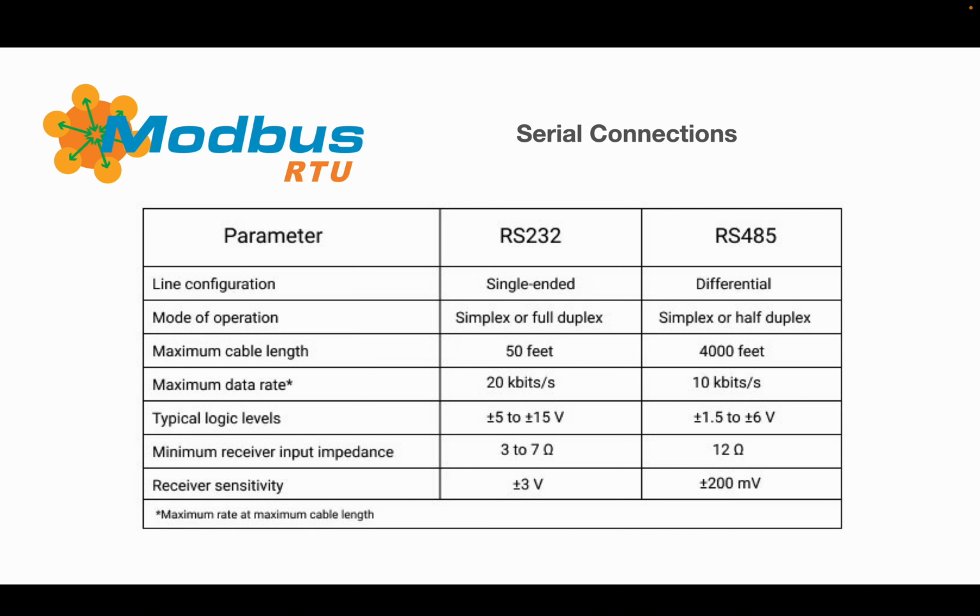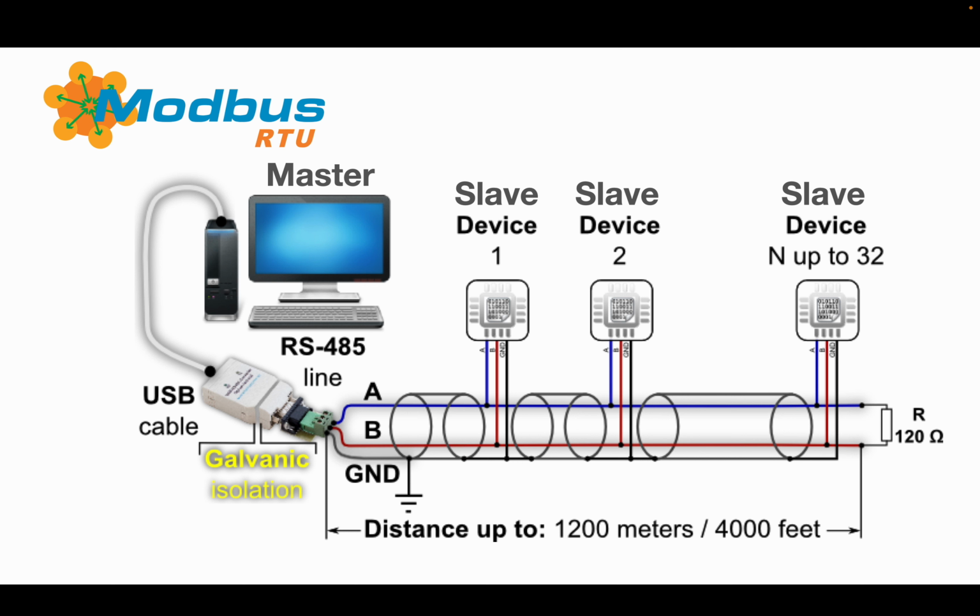You can see here a few differences, and they can be full duplex or half duplex. The maximum cable length, so 232 has got a fairly short cable length, 485 has got a much longer cable length. There's a difference in the data rates, and there's a bit of a difference in the way it's wired as well. So these are just some of the very basic differences between RS-232 and RS-485.